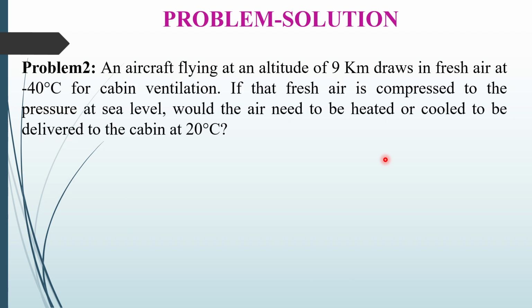Now problem 2: an aircraft flying at an altitude of 9 km draws fresh air at minus 40 degrees centigrade for cabin ventilation. If the fresh air is compressed to the pressure at sea level, would the air need to be heated or cooled to be delivered to the cabin at 20 degrees centigrade? At 9 kilometer altitude, the fresh air temperature is minus 40 degrees centigrade, and it is compressed.